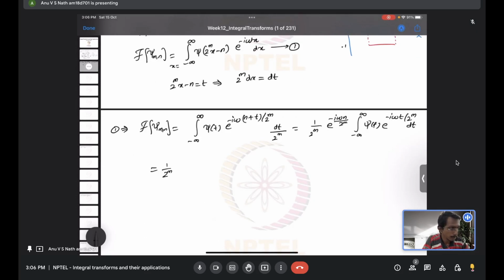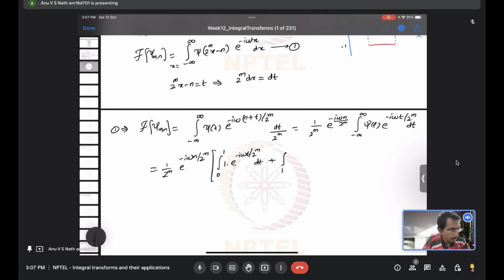So we have 1 by 2 raised to m, e raised to minus i omega n by 2 raised to m. Then from 0 to half, psi of t is 1, times e raised to minus i omega t by 2 raised to m dt. We are splitting the integrals.